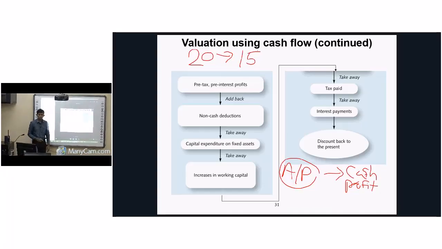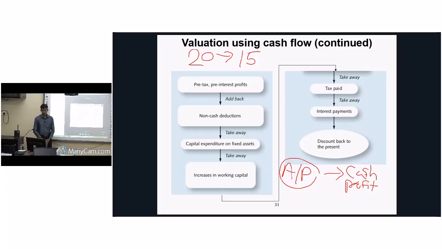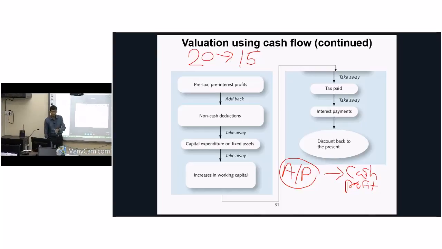What do you think from a cash perspective? 20 million of stocks reduced to 15 million means these 5 million of stocks would have been sold, right? So if that 5 million would have been sold, then what will happen to our cash? Cash would have gone up. So therefore, we need to adjust this, mainly for stocks.